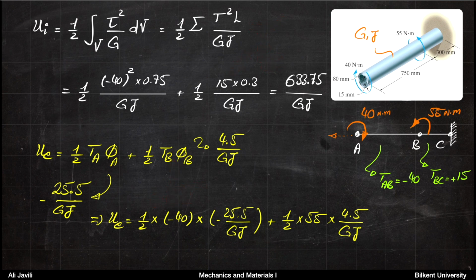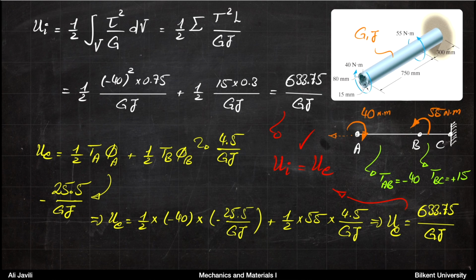Okay, so there is a difference. Pay attention to that. And if you calculate this, the external energy ends up being also 633.75 divided by GJ. And if you compare the two, you can clearly see that the internal and external energy are equal.